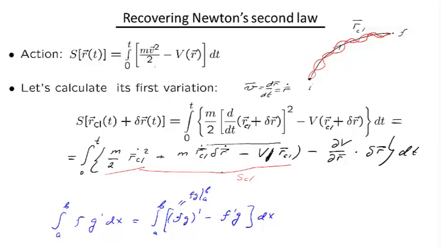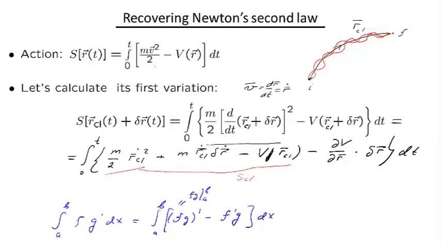In our case, the role of the function g is played by this dr dot, and the role of the function f is played by this m r dot. We want to move the derivative over time from here to here. But if we calculate the values of the full derivative term at the endpoints, at time 0 and at time t, they correspond to the endpoints of this trajectory.